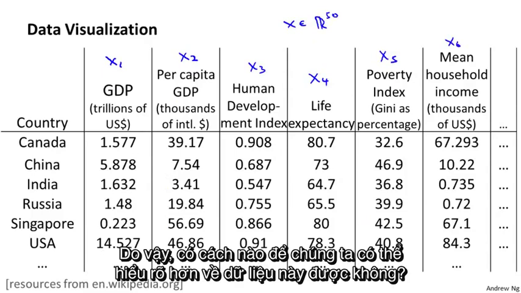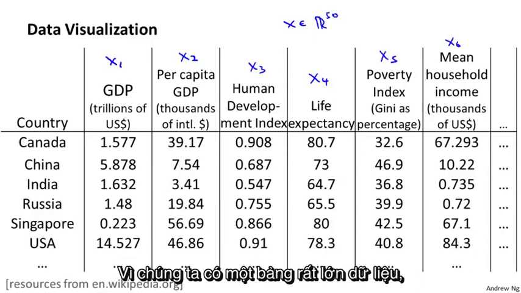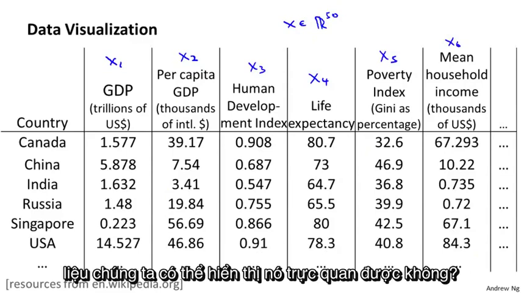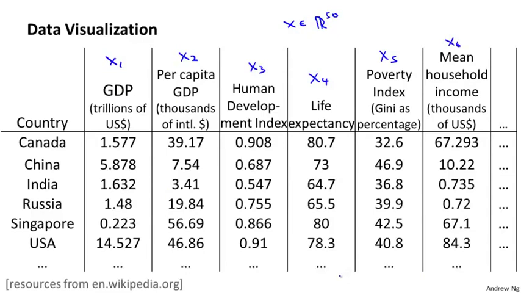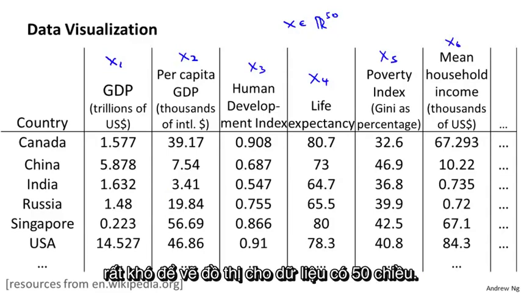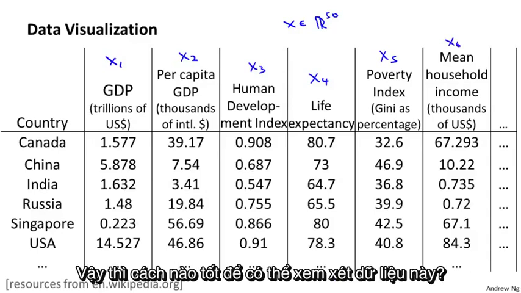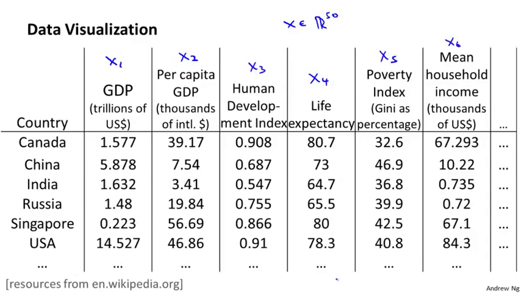So is there something that we can do to try to understand our data better? So given this huge table of numbers, how do you visualize this data? If you have 50 features, it's very difficult to plot 50-dimensional data. So what is a good way to examine this data?